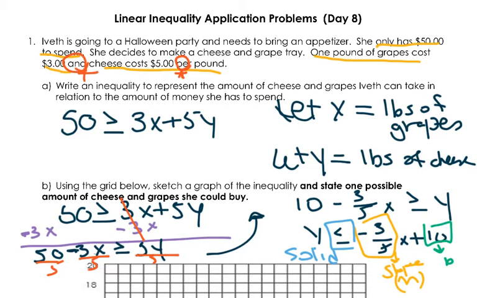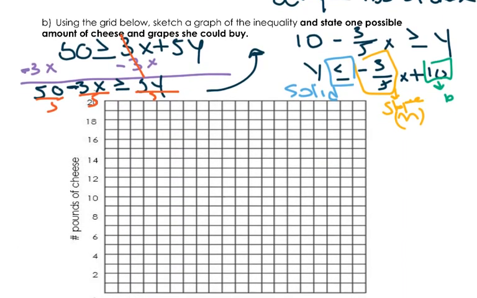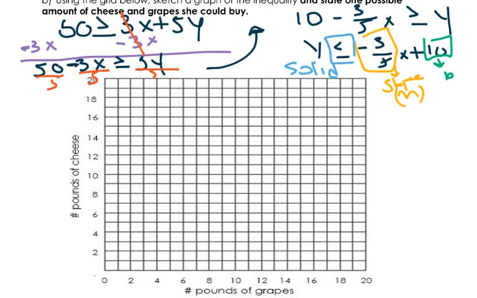So let's start graphing. Okay, in this case here, they already gave us our scaling, so we don't have to worry about that, and we don't have to worry about labeling because they did it already. So our y-intercept, where it crosses the y-axis, is 10. So that's the first one I'm going to plot, (0, 10). Okay.